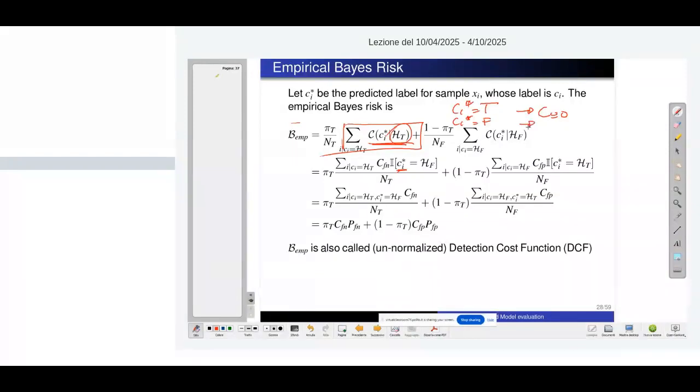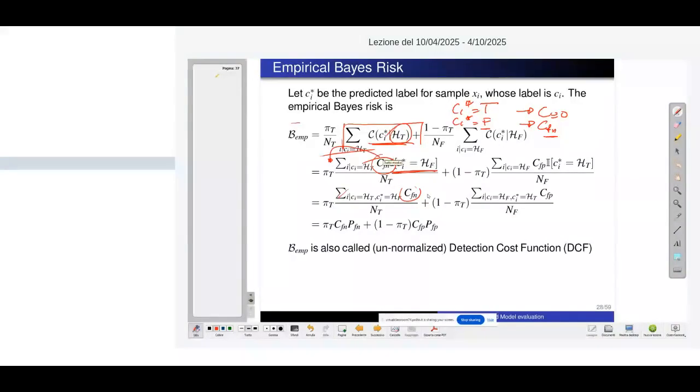then the cost is what? It's the cost of a false negative. I predict false and it's wrong. So it's predicted false, and it's a false negative because the prediction is wrong. So I have a cost of false negative that I pay only when the prediction is false. Every time my prediction is false, I have a cost of false negative. So let's bring this cost of false negative outside.